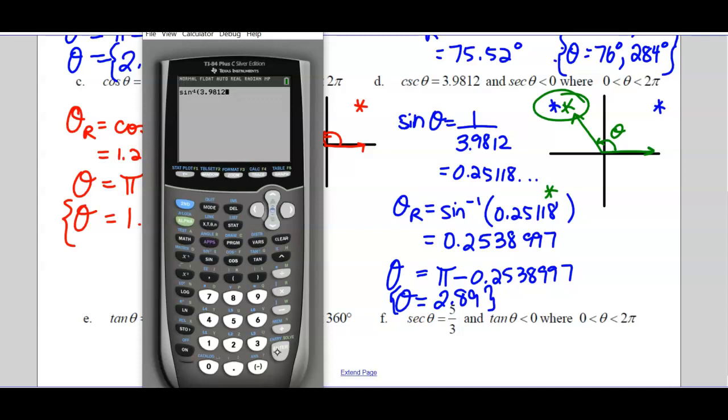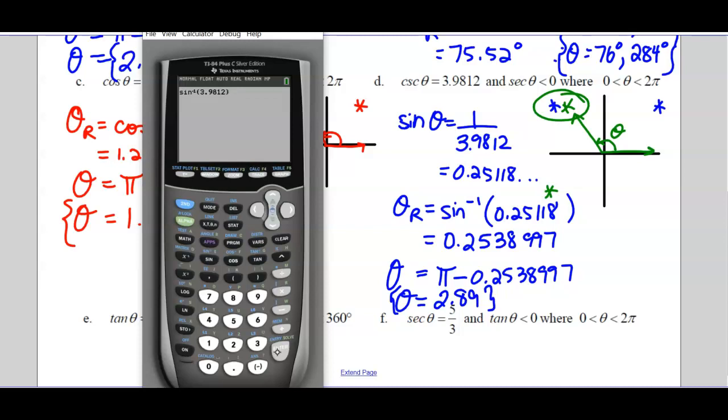It doesn't like that number in there. Why doesn't it like it? It's greater than 1. Remember sine ratios, because it's the opposite over hypotenuse. The opposite in a triangle can never be bigger than the hypotenuse.